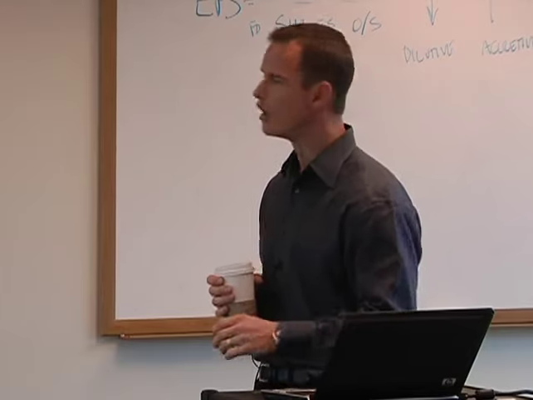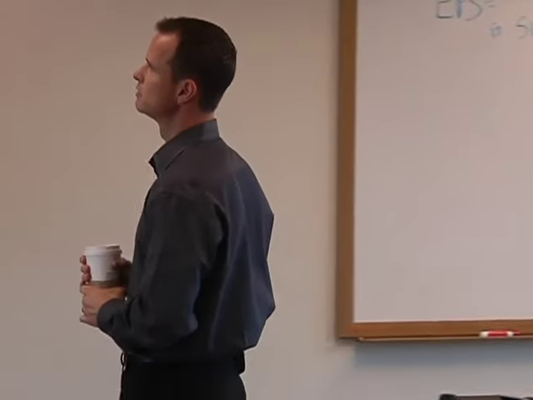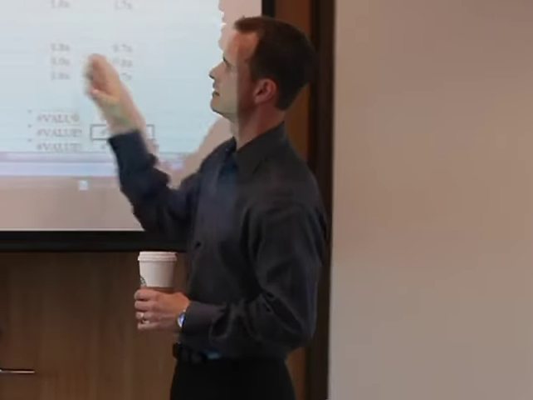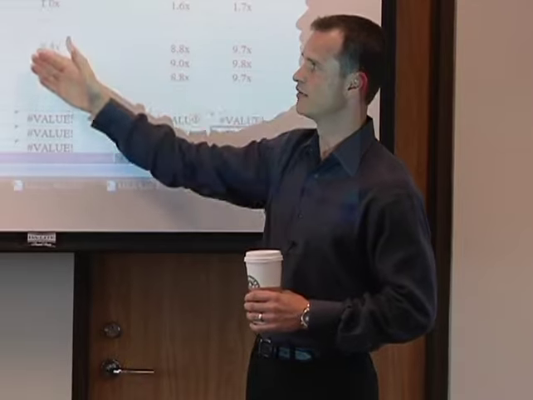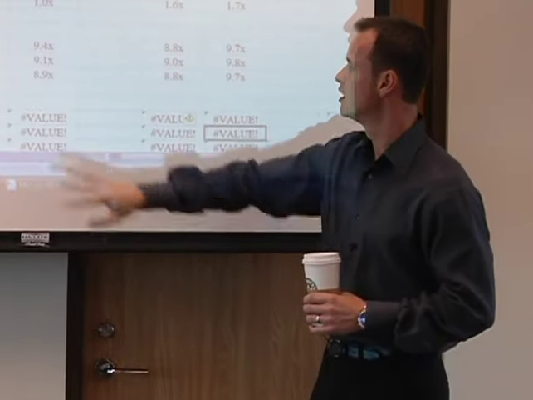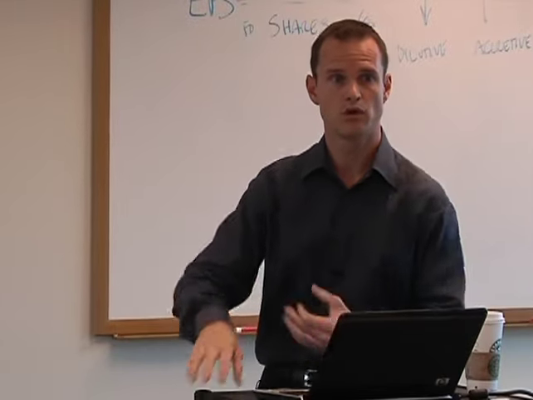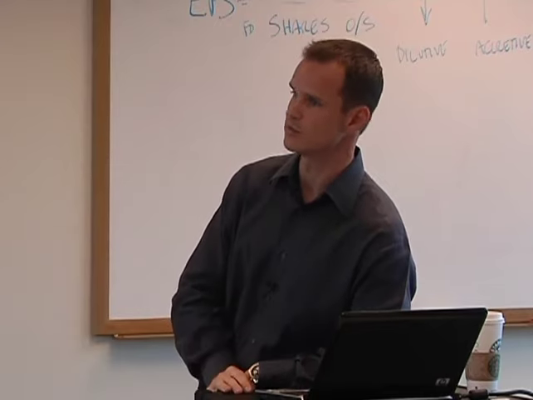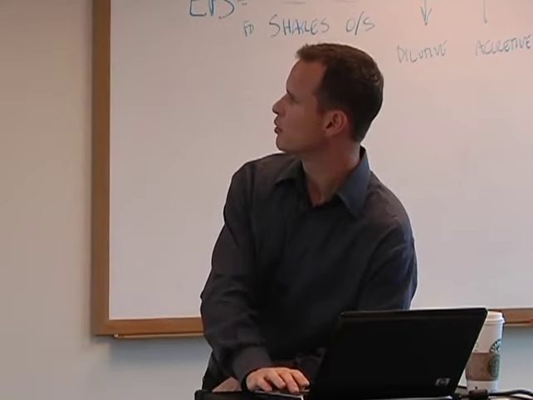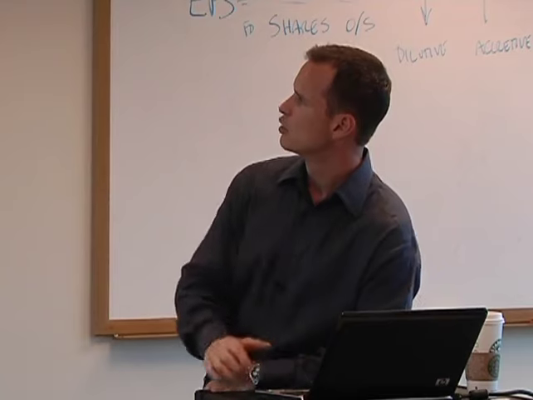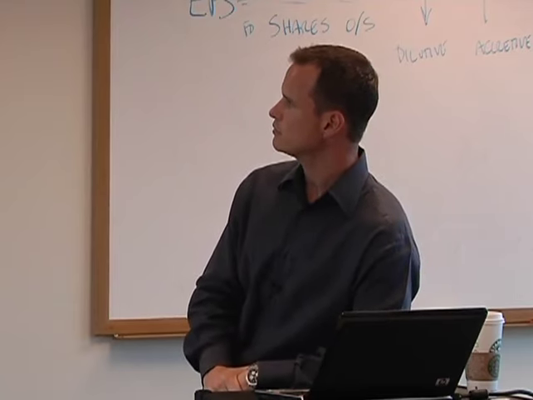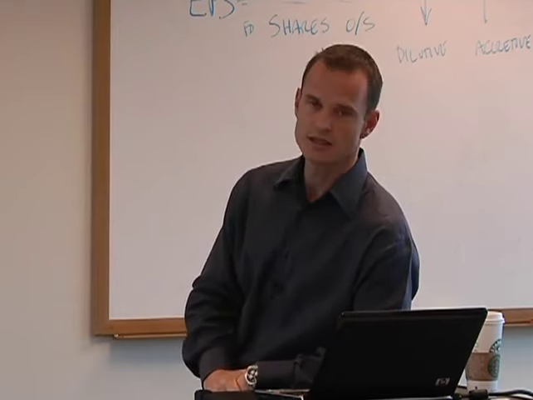Okay, and we can see also we've got some multiples here, both for the buyer and the seller. We've got our enterprise value to revenue, enterprise value to EBITDA multiples. We don't have anything for price earnings yet because we haven't gotten to earnings in our model. And when our model's done, we'll have PE ratios as well. All right, the interesting thing to point out here is that Kellogg actually trades at higher multiples than does Kraft.